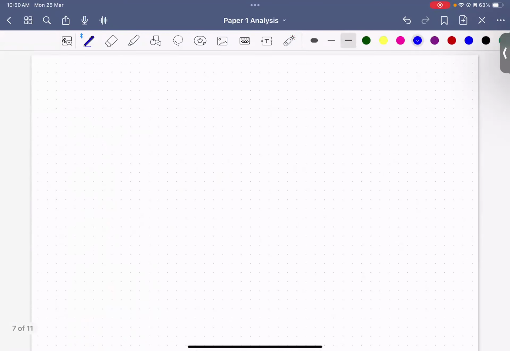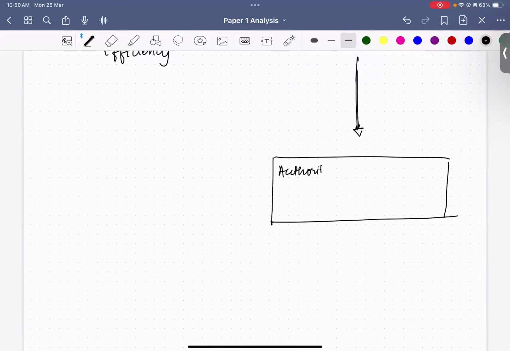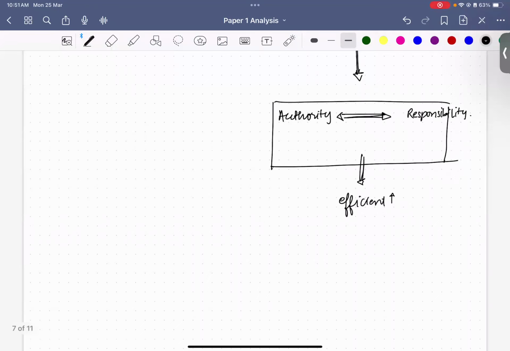So at one side you have the authority, on the other side you have the responsibility. The smaller the gap between the two, the more efficient and effective it will be.